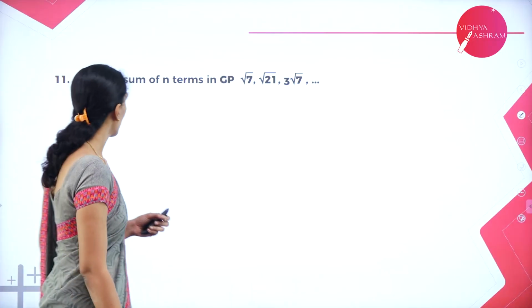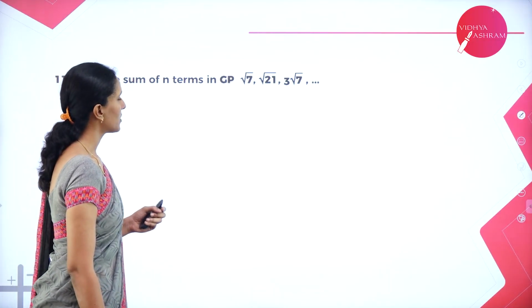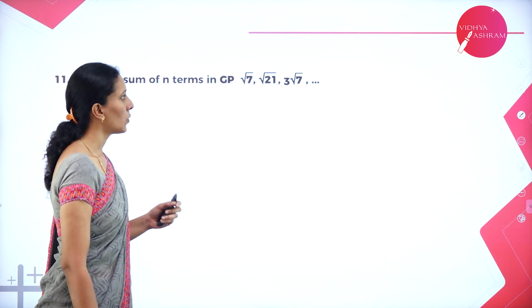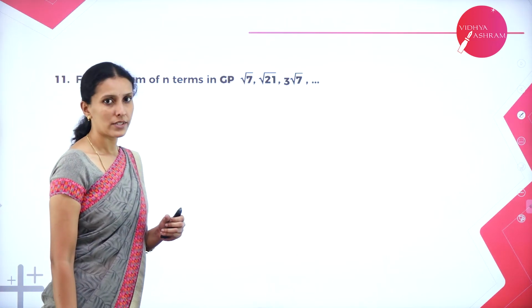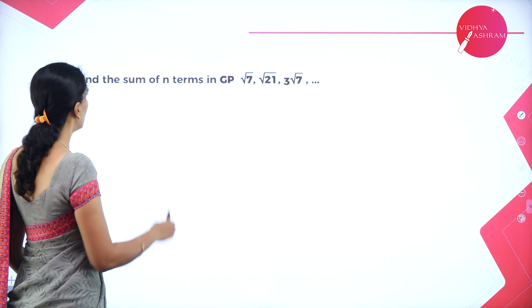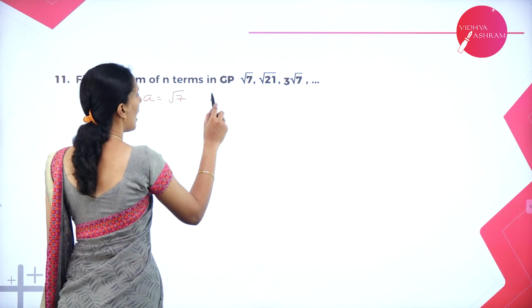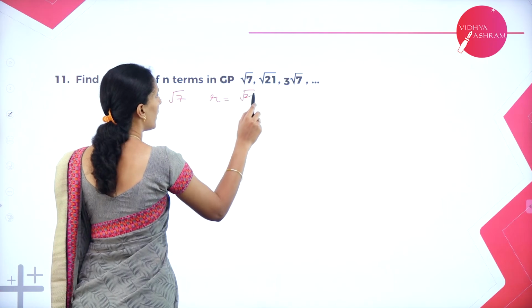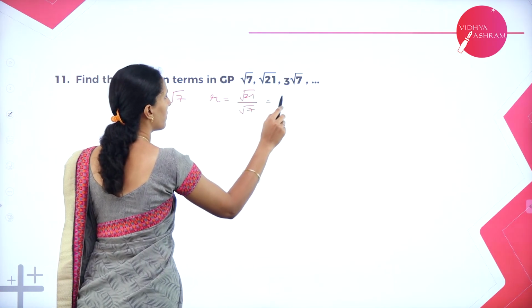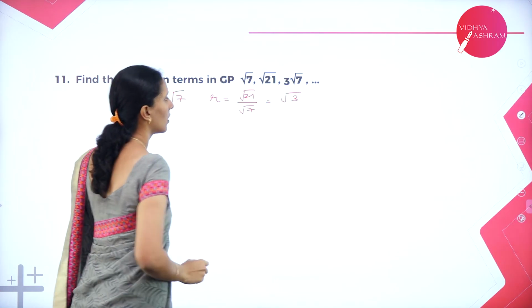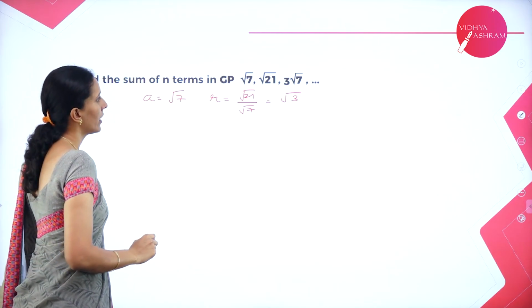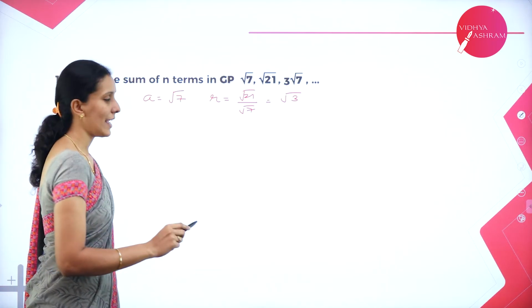Next question, find the sum of n terms in GP: root 7, root 21, 3 root 7, etc. So we have a is equal to root 7, r is equal to root 21 by root 7, which can be written as root 3. Next we need to find out Sn.